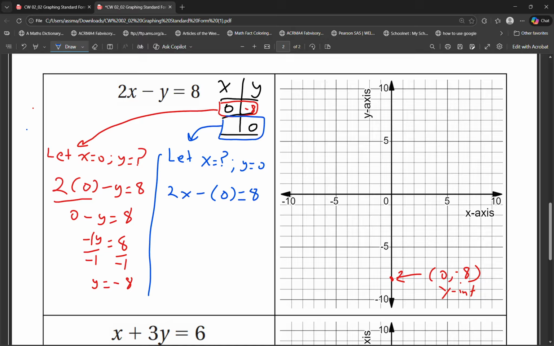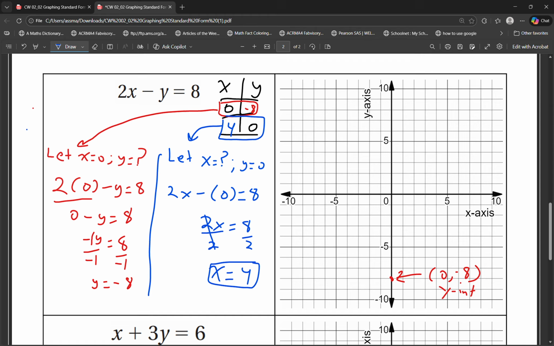Okay, so then we have here 2x minus 0 is just 2x is equal to 8. And then we go ahead and divide by 2 on both sides. And this gives us a giant 1, so we get 1x is equal to 8 divided by 2, which is 4. Okay, so we put a 4 up here.